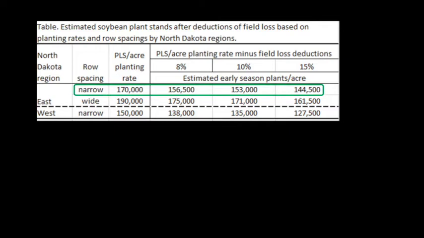And of course, if a person chooses wide rows in the East, using this new data of a 190,000 pure live seed planting rate, the early season stand will be higher. In the West, using narrow rows and a 150,000 pure live seed planting rate, the ending stands will be less than what we've traditionally suggested.